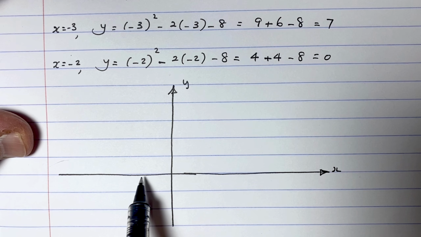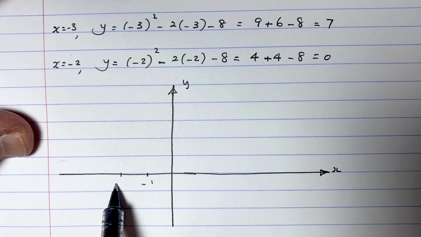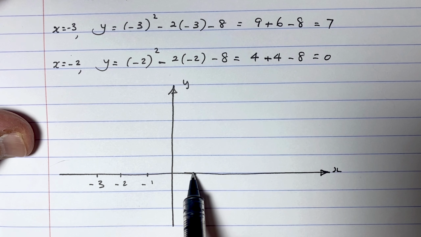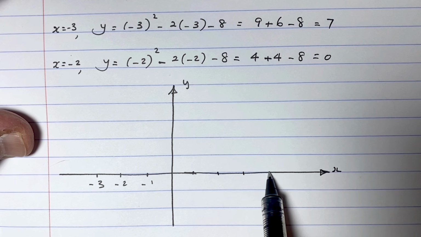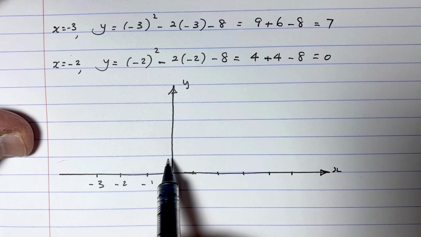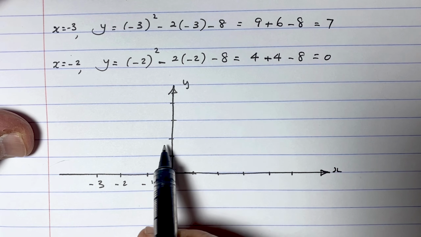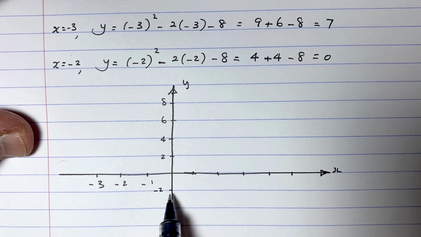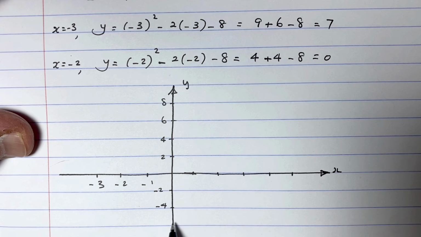So certain scale, minus 1, minus 2, and here 1, 2, 3, 4, 5, and let's go 2, 4, 6, 8. My lowest value of y is minus 9.